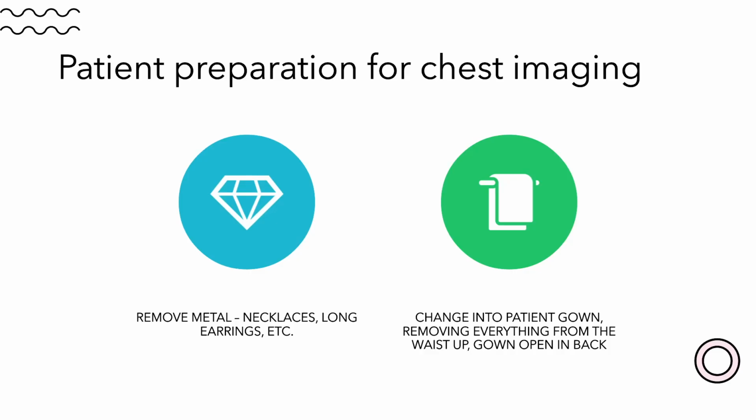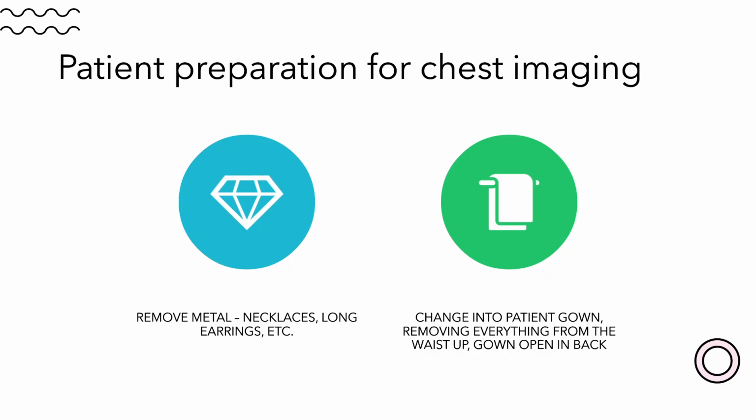So we've talked a little bit about how to prep for imaging. The same applies for chest imaging. So they'll want to remove any metal from the imaging area. So if they have any necklaces, they should take those off. If they have any dangly earrings that are going to be in the image, then they should take those off. If they're studs, we don't care.